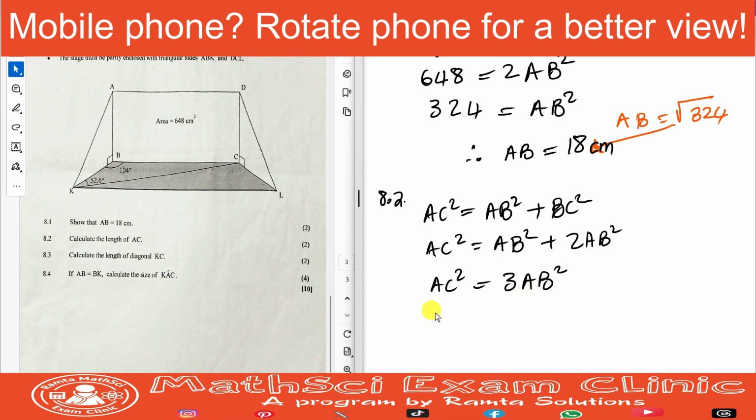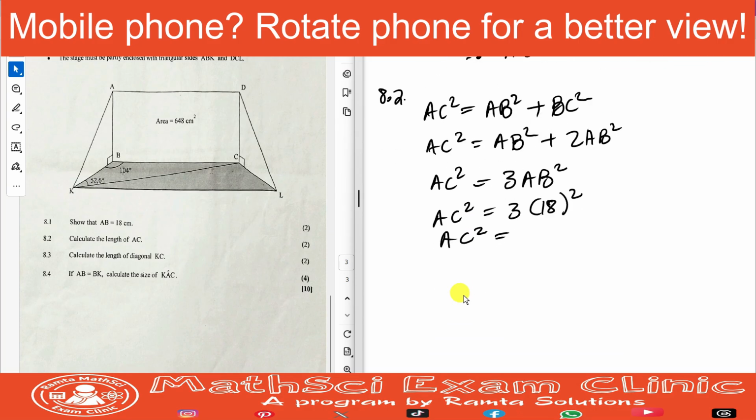Now let's go. AC squared equals 3 times 18 squared. I know, guys, this looks long, but remember, this video is not only for A students, it's for everyone. So you guys ace your exams, right? So this is 972. Now AC equals the square root of 972.